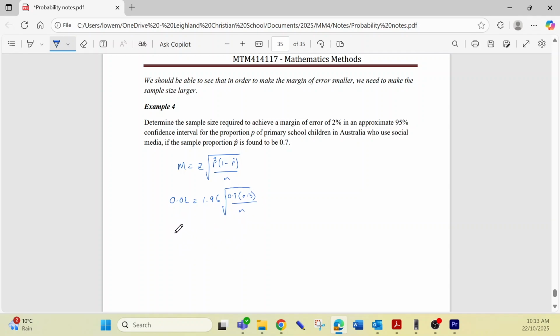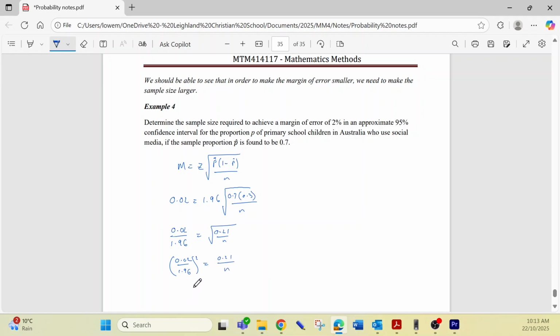Working towards that, we can divide by 1.96, so 0.02 over 1.96 is equal to the square root of 0.21 over n. Then square both sides, equal to 0.21 over n.